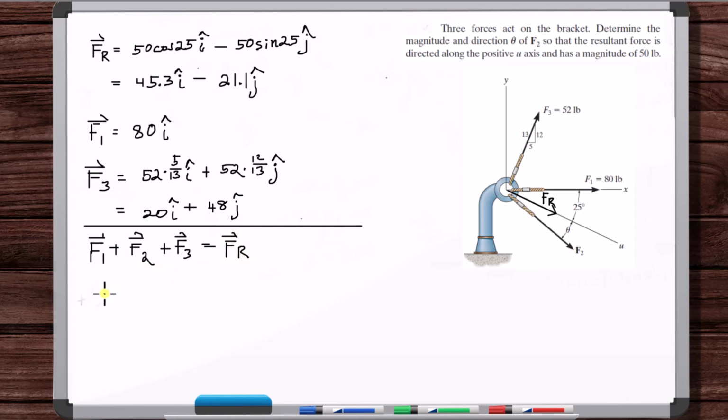So we want to solve for F2. We can do this because the algebra of vector sums is just like regular addition and subtraction, even with equations. So F2 is equal to FR minus F1 minus F2, or no, F3.